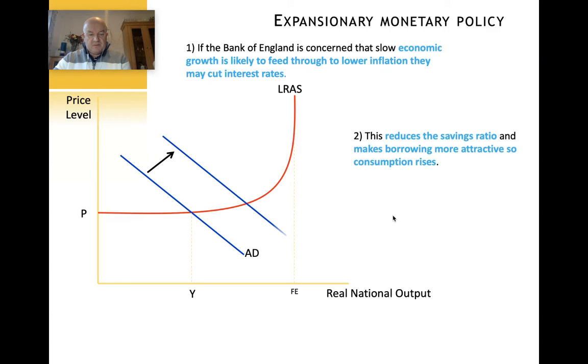Let's take a look at how that might be affected in terms of the change in aggregate demand. So there'd be an increase in aggregate demand from AD to AD1.